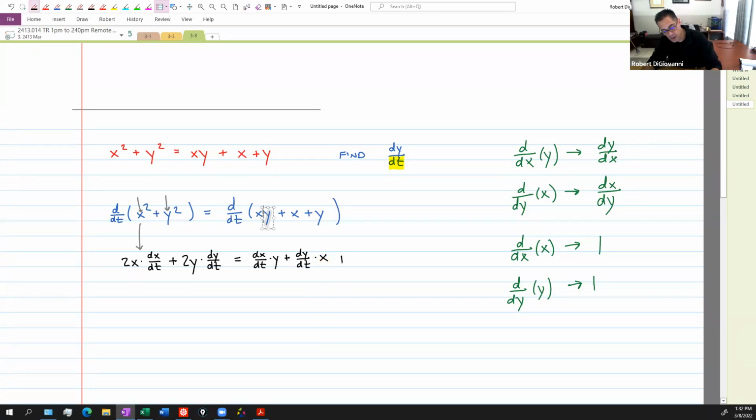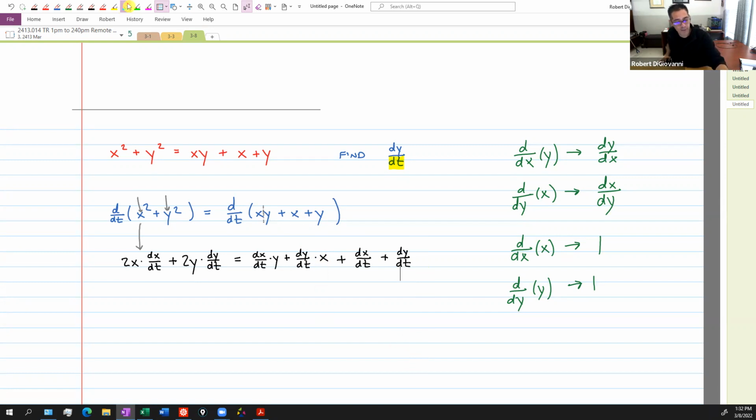And then the rest of it, I'll just do myself. The derivative of x with respect to t is dx dt, and then plus the derivative of y with respect to t is dy dt. Wow, that looks messy, doesn't it? But that's the answer. That is the derivative with respect to t.